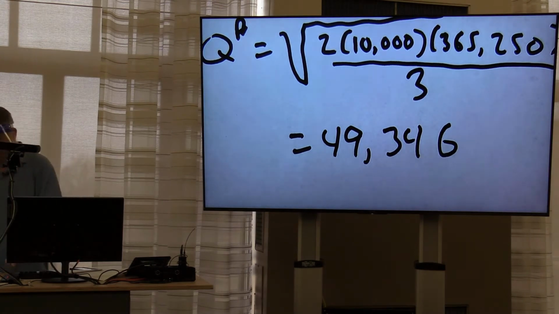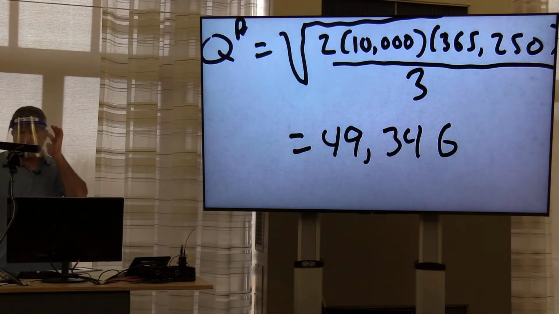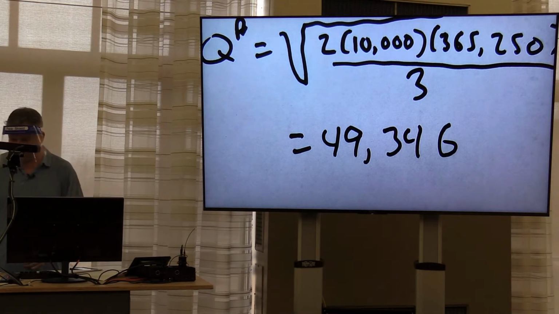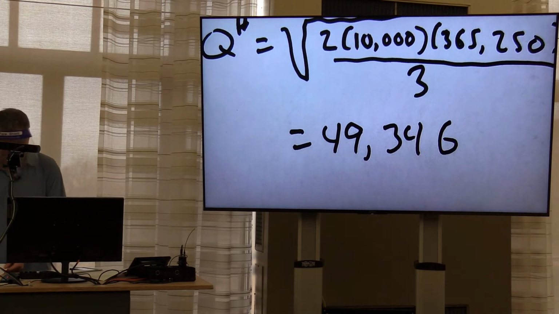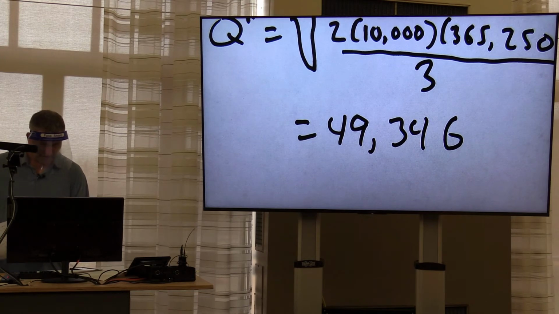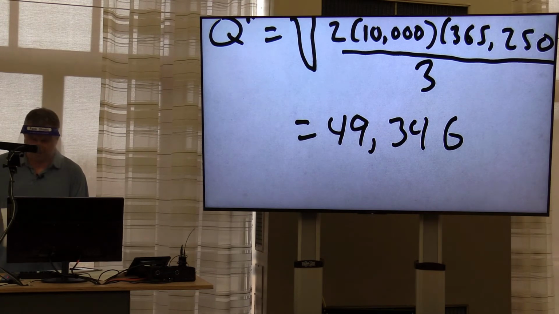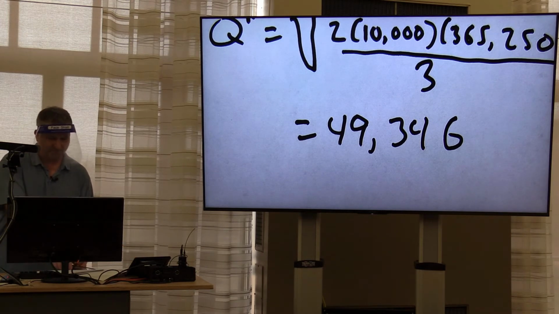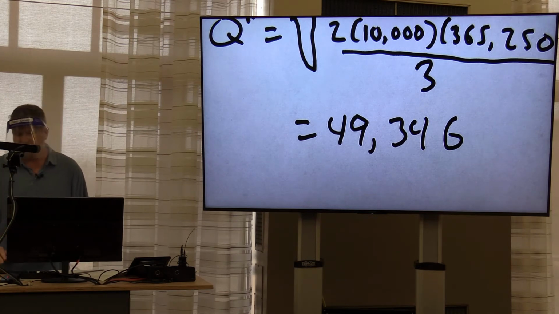$49,346. And so we're going to place a new order of 49,346 units whenever inventory on hand becomes as low as about 20,448. Did that quick because that's just a repeat of what we discussed last time.